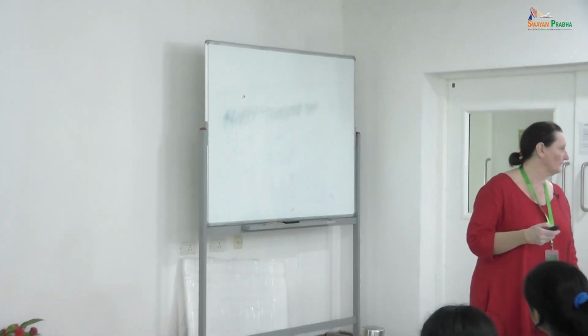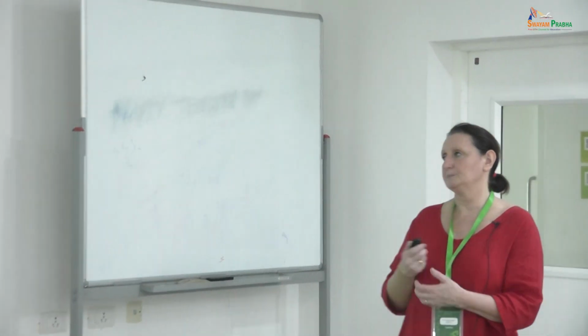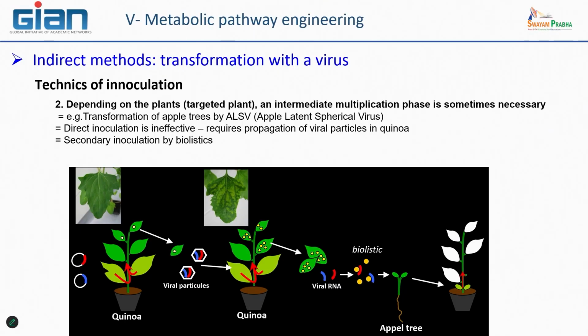It is quite difficult to infect the apple tree directly with a virus particle, because we need a large amount of particles, as this plant is not so sensitive to the virus. Perhaps the plant has its own defense mechanisms that can limit the proliferation of the virus.